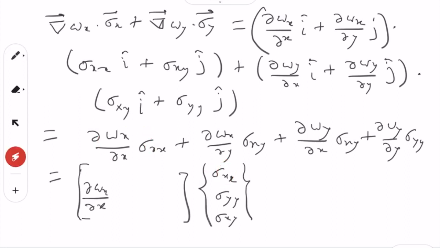Then we have yy, so del wy over del y. Then for this one we have two things, so del wx over del y plus del wy over del x.